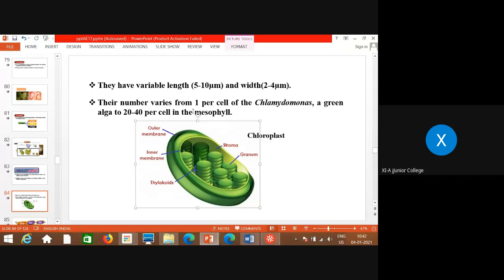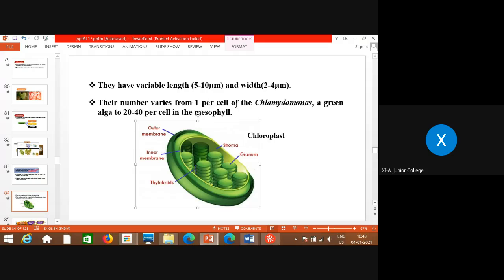That means Chlamydomonas is a type of green alga which belongs to chlorophyceae, and this Chlamydomonas shows the presence of chlorophyll, and its number is only 1. Means this is the example where only 1 chloroplast is present.